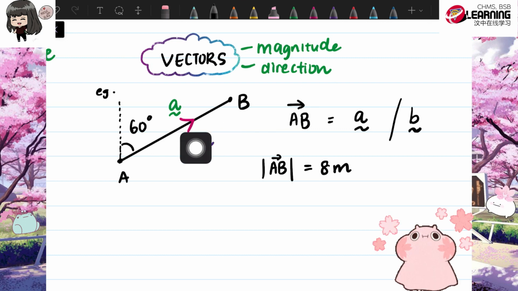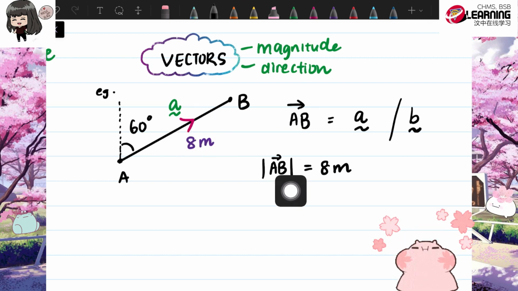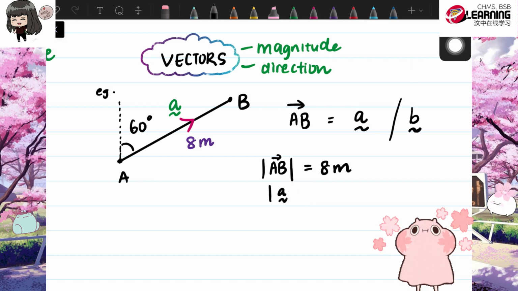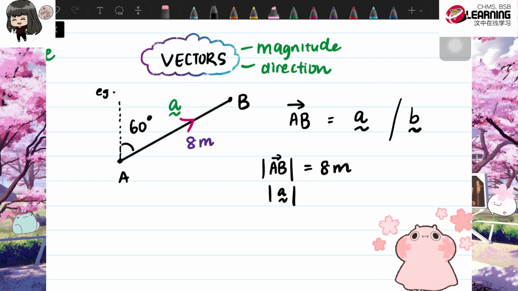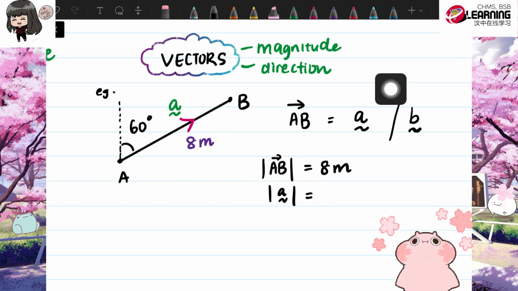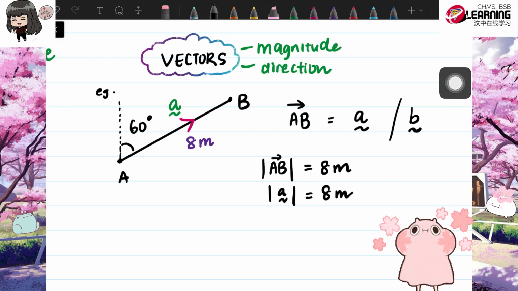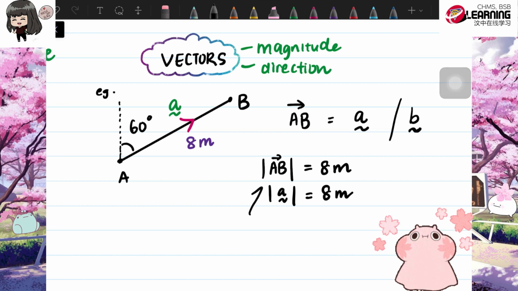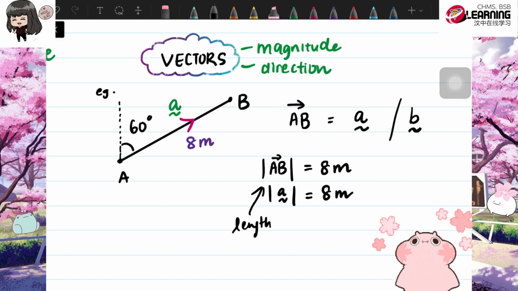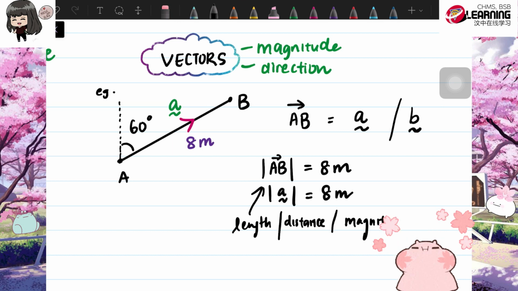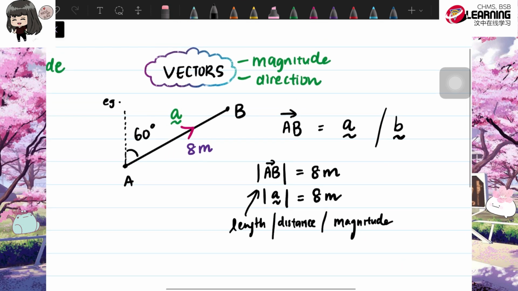Your distance, 8 meter, is your magnitude. Or sometimes it can be written as vector A with the modulus equals 8 meter. It can also be called length or distance or magnitude. They are the same. So this is how you write your vector.